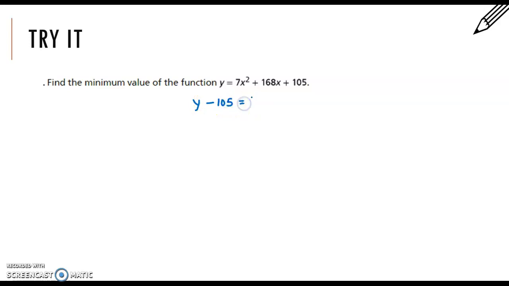There's no real math there. And then I don't want to have the 7 involved, so I'm going to divide everything by 7 on the left-hand side. So 7, and then parentheses. I'm undoing distributive, so 7x squared divided by 7 would just be x squared. And then, this is what I'm saying, you could have your calculator out, but 168 divided by 7 is 24.